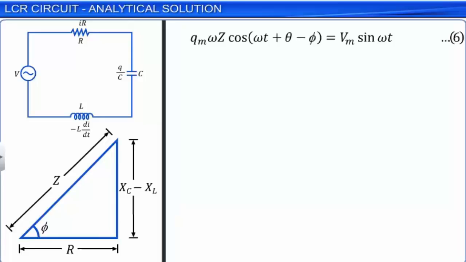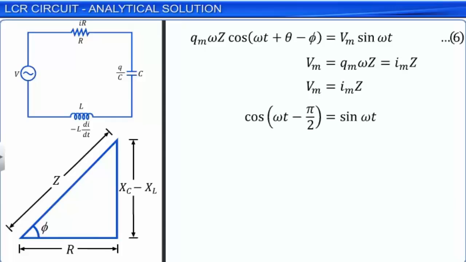Therefore, maximum voltage in the LCR circuit, Vm, is equal to maximum current in the circuit, Im, into impedance of the circuit Z. Also, as cos(ωt minus π by 2) is equal to sin ωt, we have θ minus φ is equal to minus π by 2. From equation 3, for the instantaneous current, I is equal to Qm ω cos(ωt + θ).